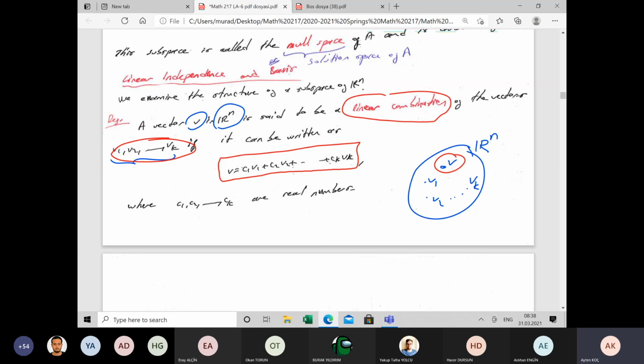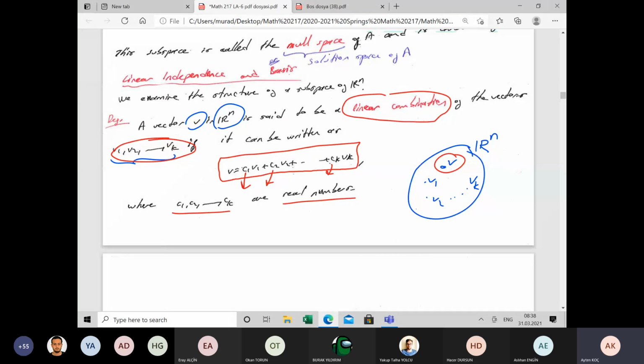The coefficients C1, C2, Ck are scalars, which means real numbers.